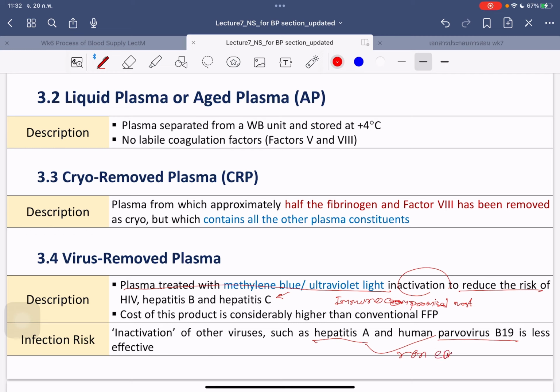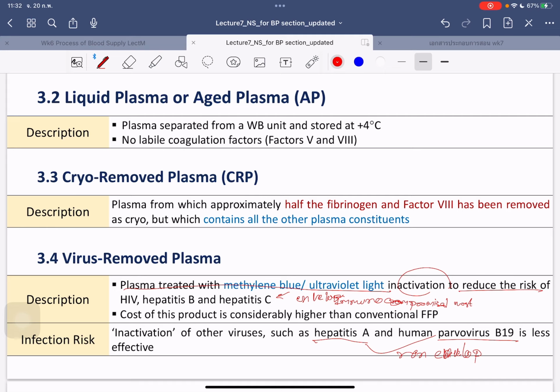The next one is cryoprecipitate. Actually cryoprecipitate, we call it cryo in short. This one we prepare from the FFP, but the volume is small. Sometimes we prepare it in the small volume of just 10 to 20 ml of plasma, but for the FFP it's around 200 to 300 ml of plasma, right?